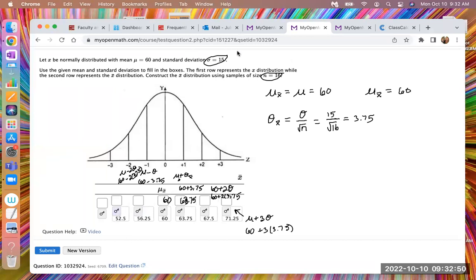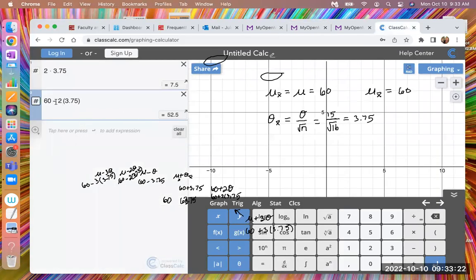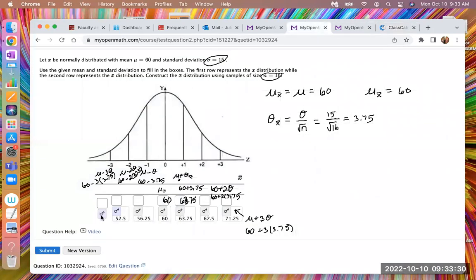And then the last one is the mean minus 3 standard deviations. The standard deviation is 3.75, and the mean is 60, so it's 60 minus 3 times 3.75. I can do that calculation on the other screen, which is 48.75. And there we go.